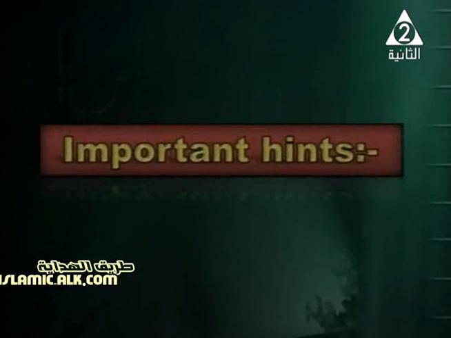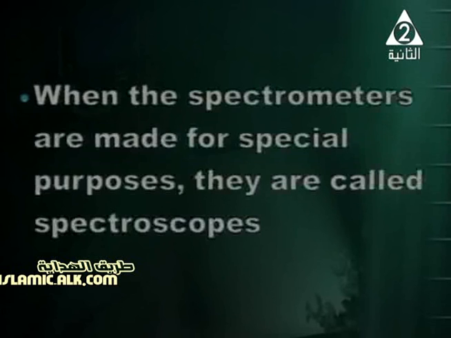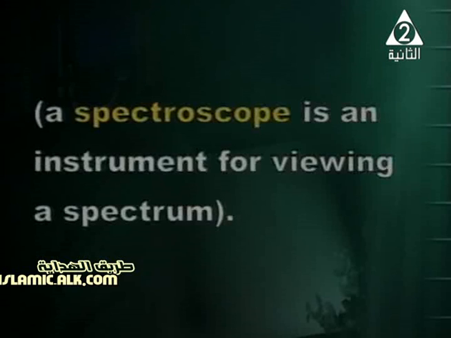And now we've got something important to mention, important hints. When spectrometers are made for special purposes, they are called spectroscopes. So a spectroscope is an instrument for viewing a spectrum.